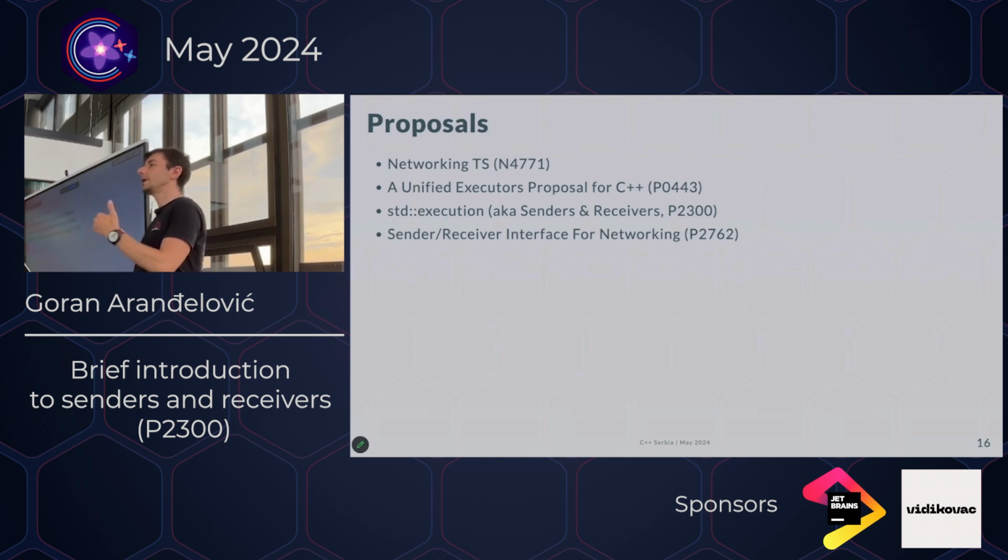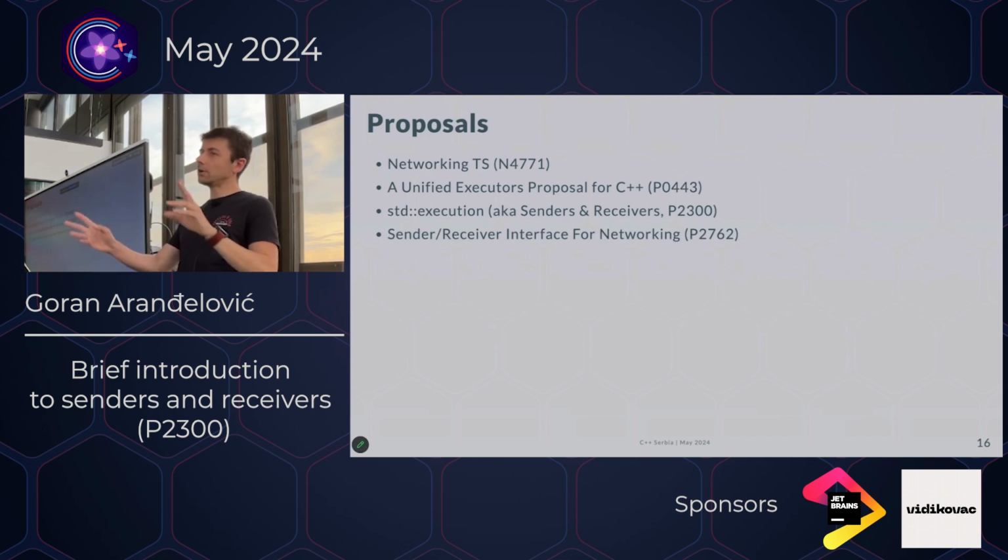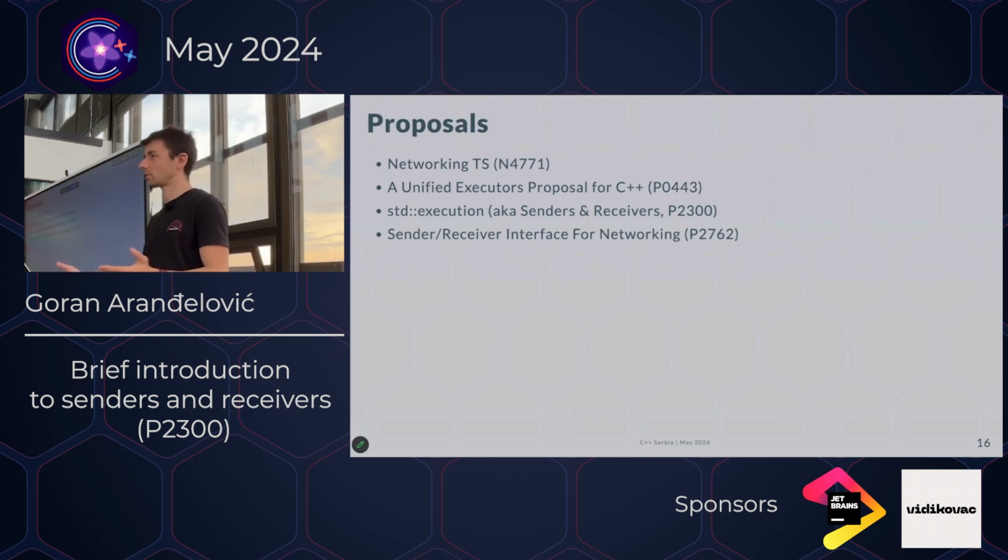Basically, to build something upon ASIO, let's say, to incorporate it in the sender-receiver model. So you will use senders and receivers, even though you don't know what they are yet, and the underlying implementation can be done in ASIO, for example. That is what this latest proposal is about to give us.